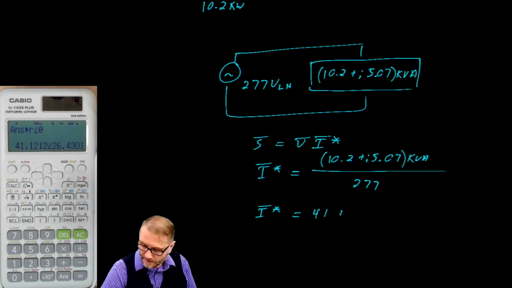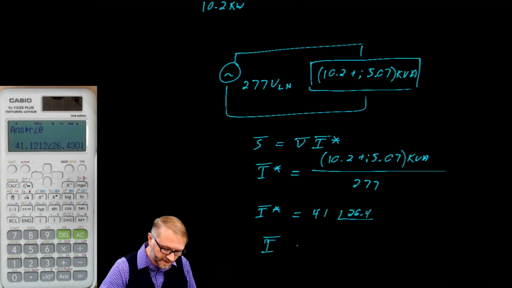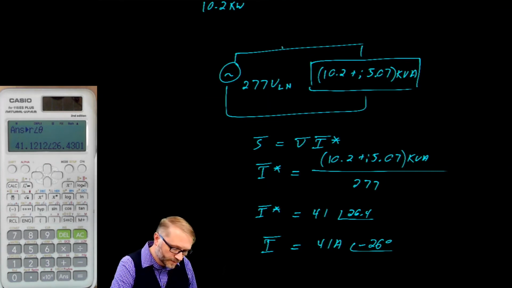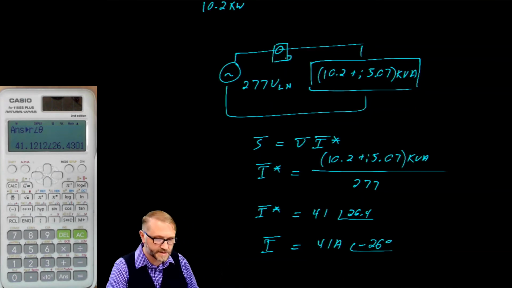That's 41 at a phase angle of 26.4, for a complete current of 41 amps at a phase angle of negative 26 degrees. If you were to put your amp clamp right there, this thing would read 41 amps.